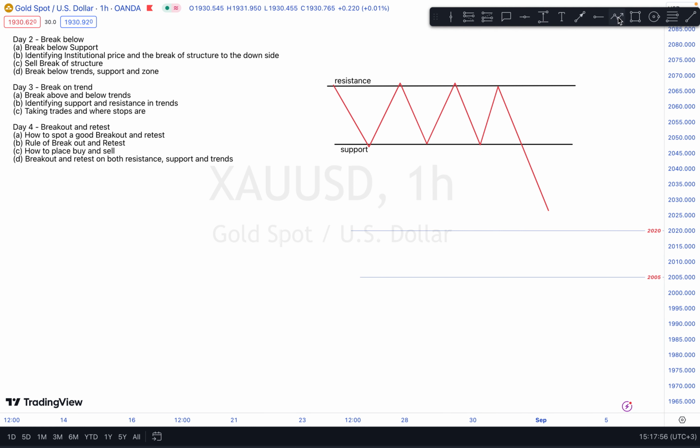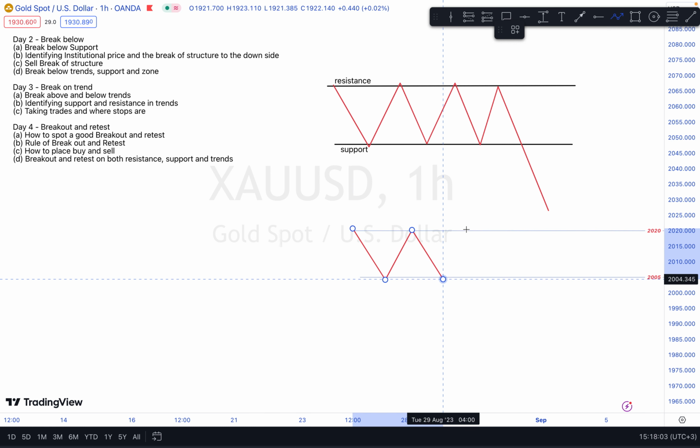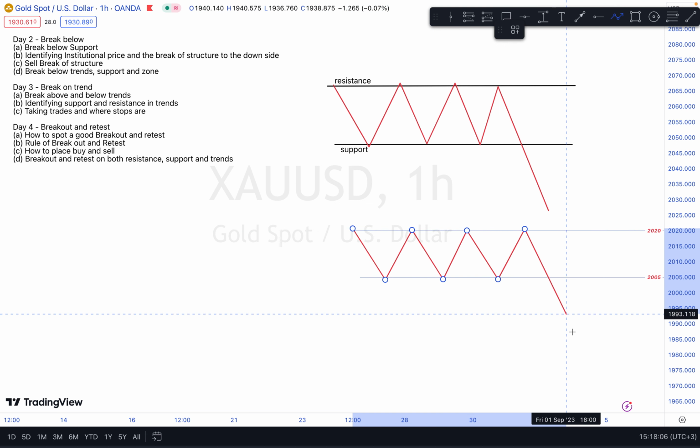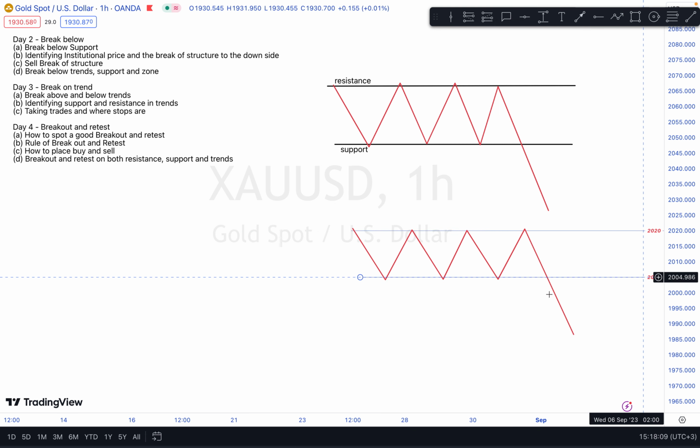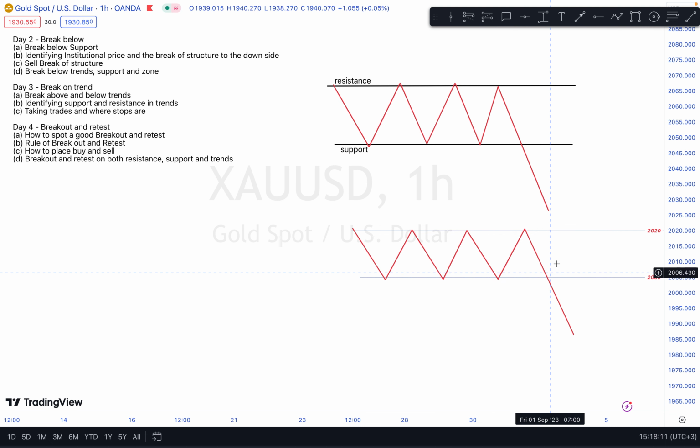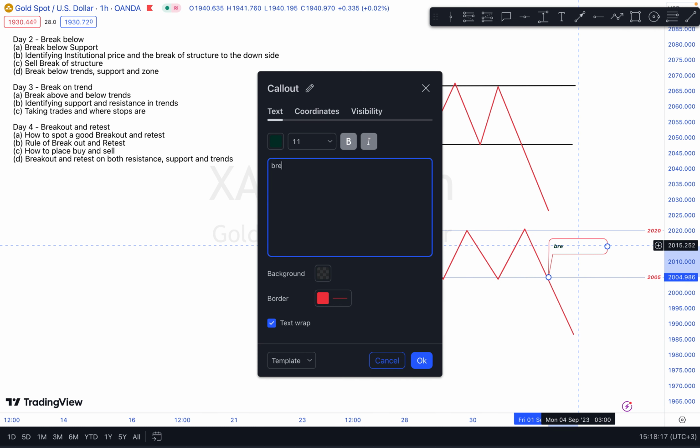Meaning we are having the break below under institutional price and a break of structure, because the structure has been broken. This is the institutional price. You have this to be the breakout. Let me try to label it vividly. One minute, guys.